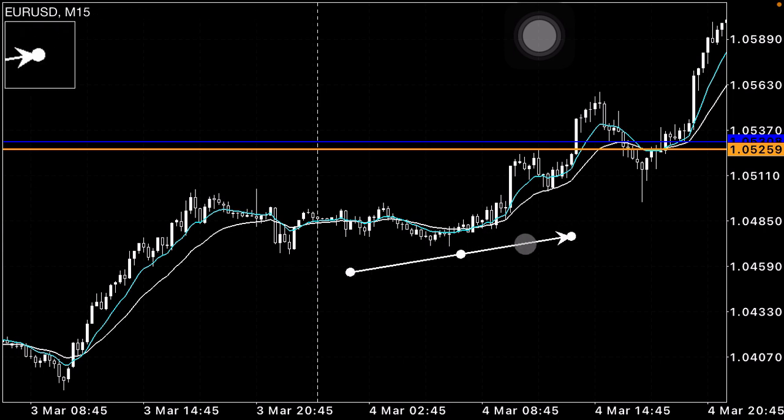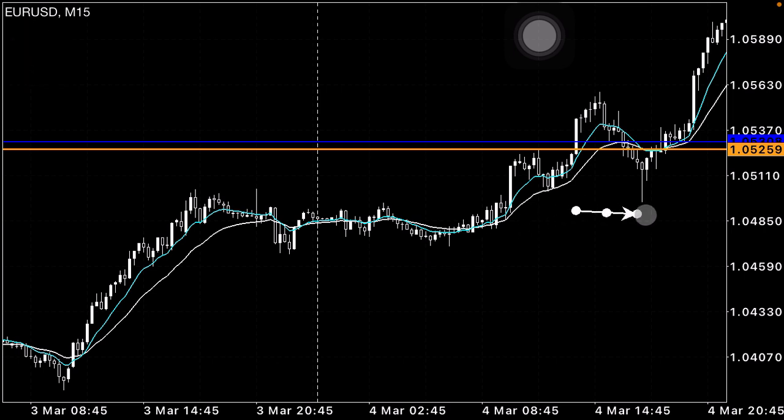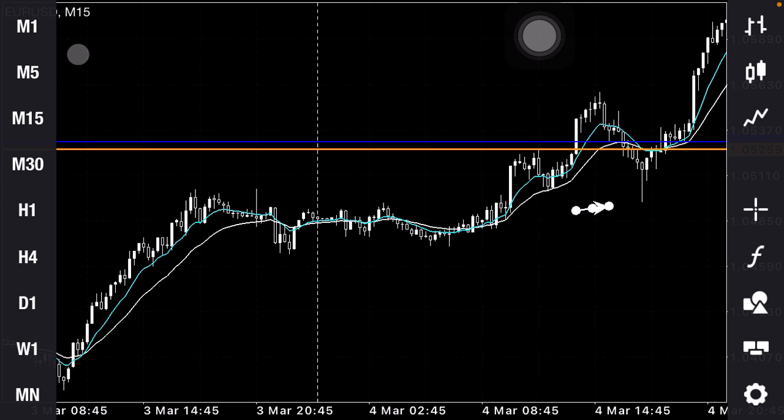Just put it right here. Brother's going to go down to the 1-minute chart. This is going to get real big at the 1-minute chart.